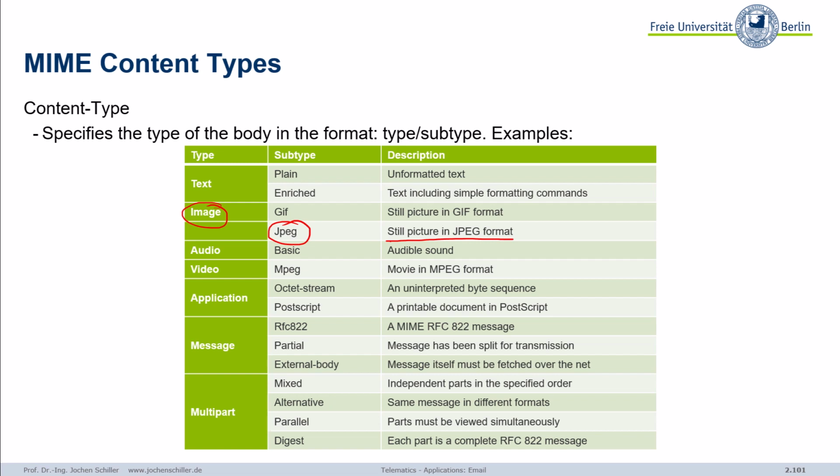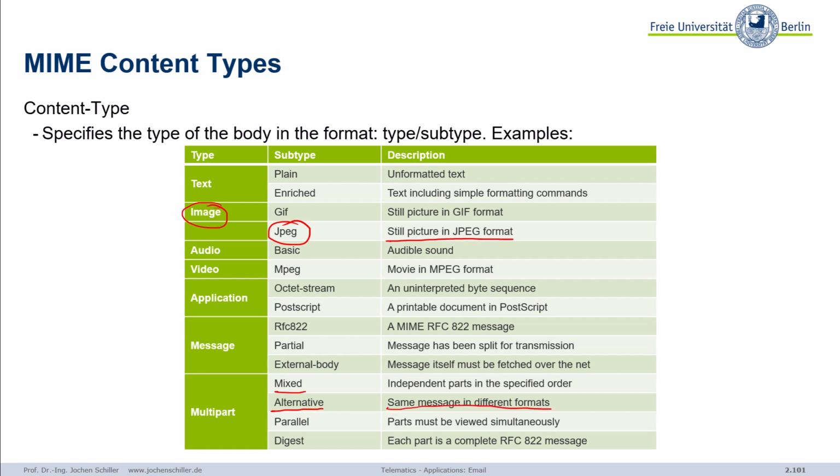So that's the idea. There are things like mixed multi-part, independent parts in an email, or the same message in different formats. What does it mean? For example, if your email program is text only or can work with HTML or rich text or whatever, you can have the same message in different formats.